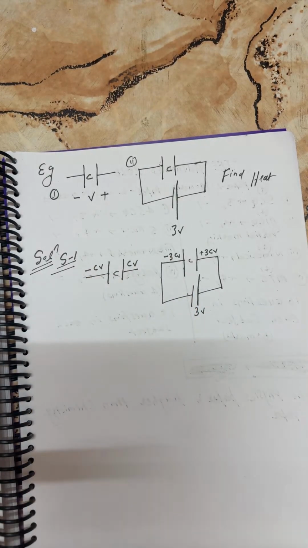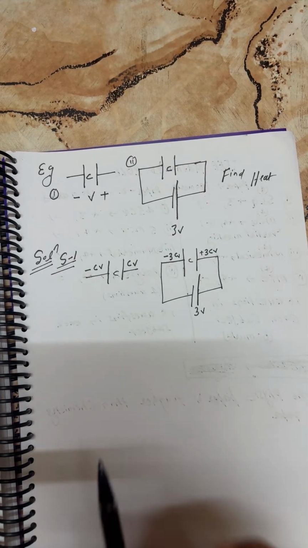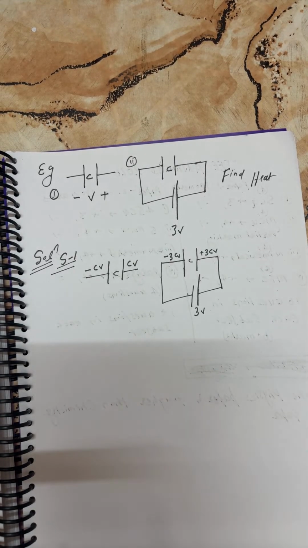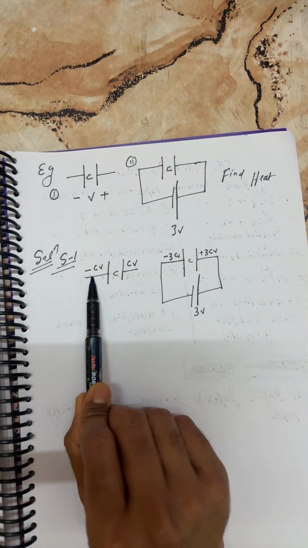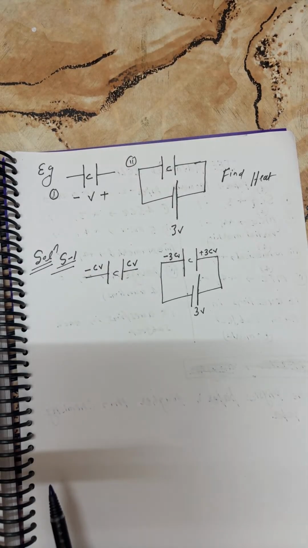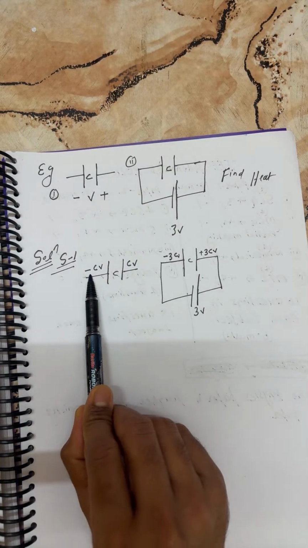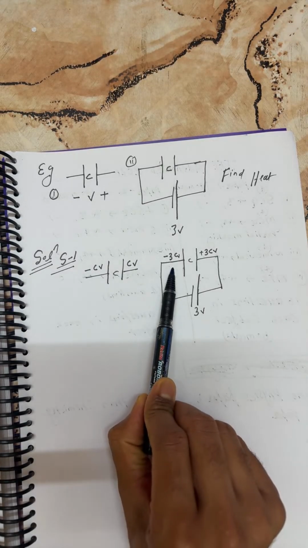If charge decreases, listen here, this is a crucial point, kids. Minus CV, minus 3 CV. So you can say minus CV is more, minus 3 CV is less.